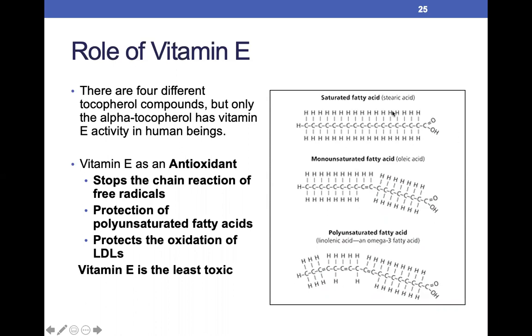Okay, yeah. So adding a hydrogen to my fatty acid chain is not a good thing. I do not want to add hydrogens to my fatty acid chain. So I told you vitamin E means electrons. And so what that means is that vitamin E is making sure that the electrons in my carbons are staying there. The electrons are not being taken up by the hydrogen. The electrons are staying at my carbon.